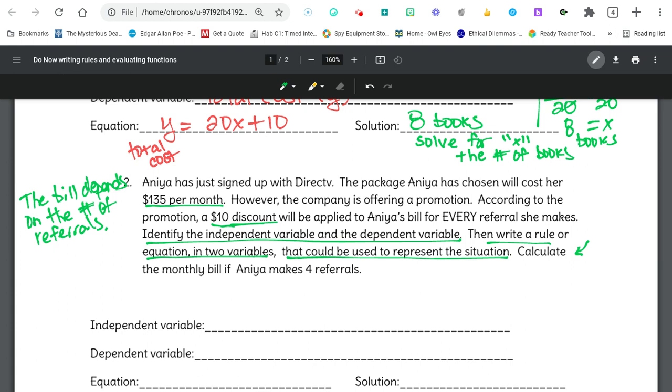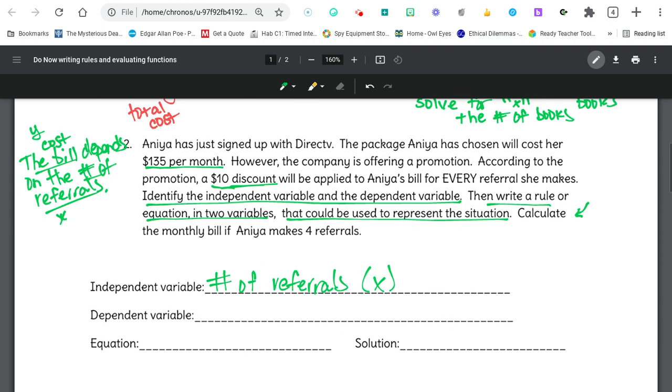Okay, so now the bill, which is your cost, guys, that's going to be Y. That's your dependent variable. And the number of referrals is your independent variable. That's X, okay? So number of referrals is X, and the bill or the cost is Y.